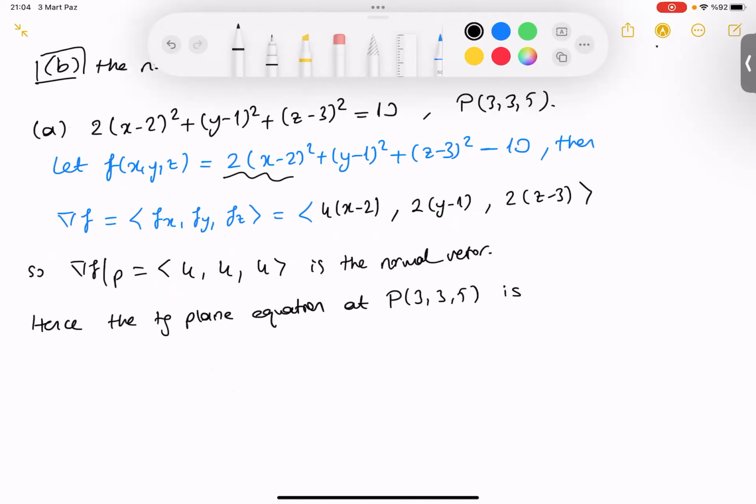You write the first component of the normal vector times x minus x0, which is this, plus again 4 times y minus this one, plus, not 5, 4 again here, times z minus 5. Okay, is this.